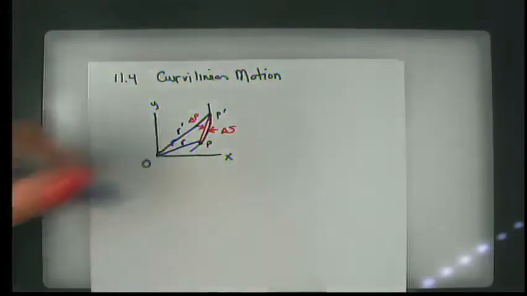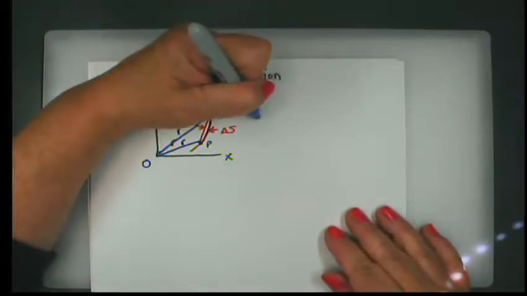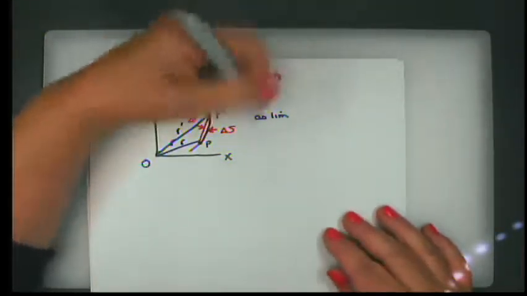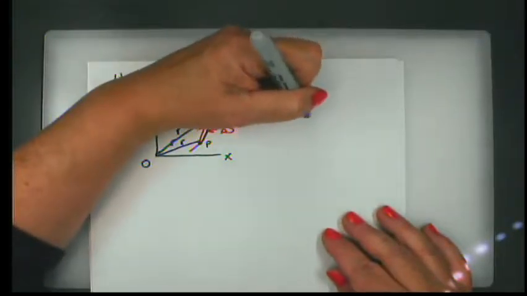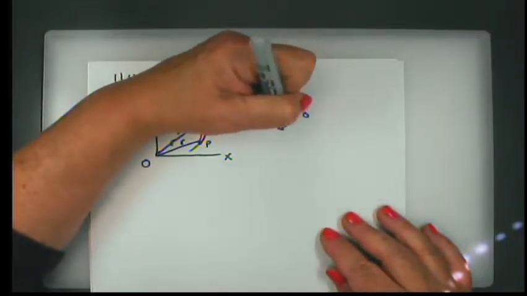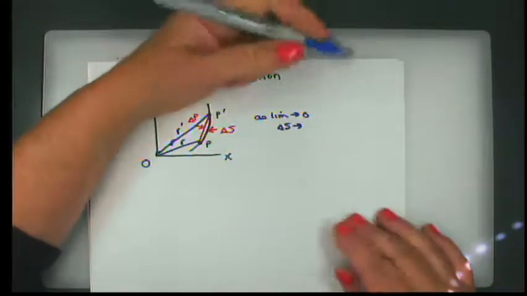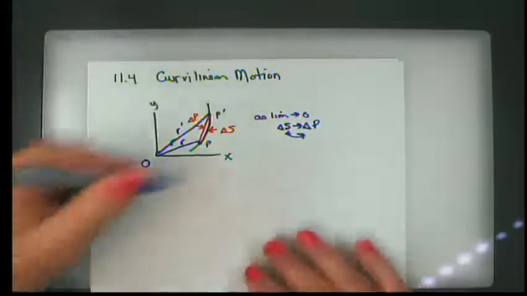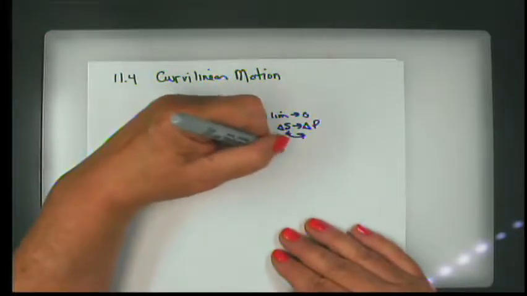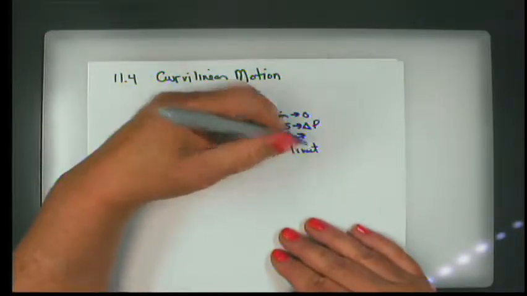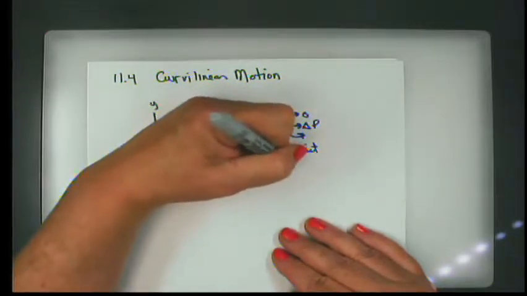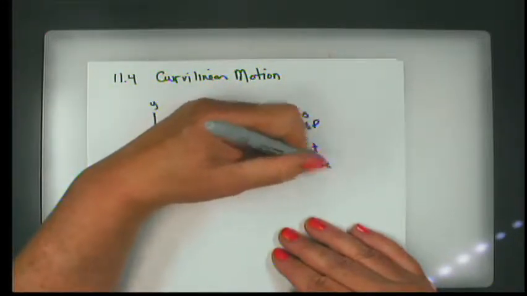But the truth of the matter is that as the limit of delta s approaches 0, delta s, or delta p, approaches delta s, or vice versa. And so in the limit, the two equations become the same, and that is, of course, the derivative.